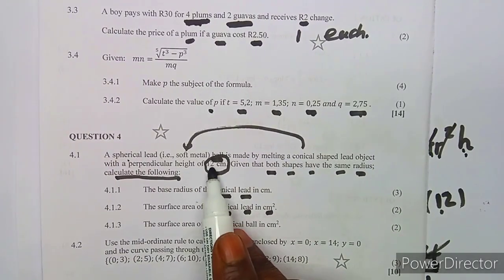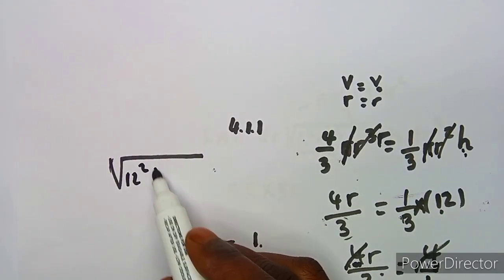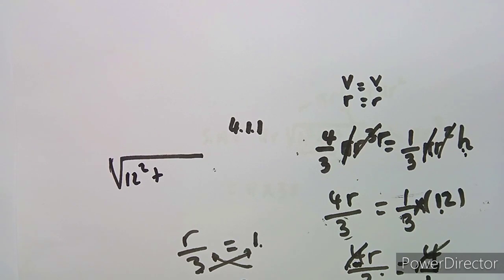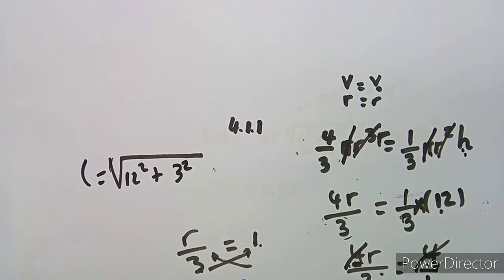So h, remember the height, we were given the height before that. The height is 12. The height is the one that we were given originally here, which is the perpendicular height, 12. So that's going to be 12 squared plus r squared, which is the radius that we found, which is 3 squared. So this is your l, which is the slant height. Take note, l represents the slant height.